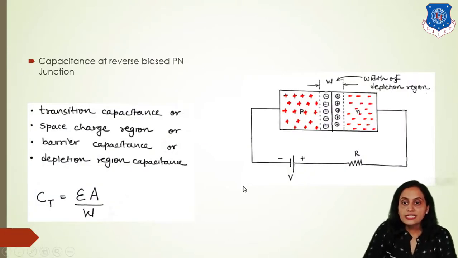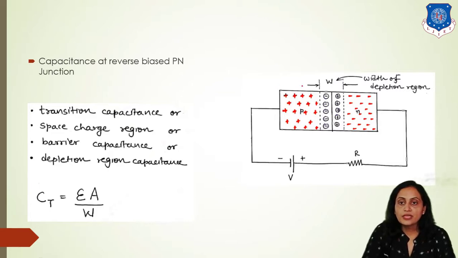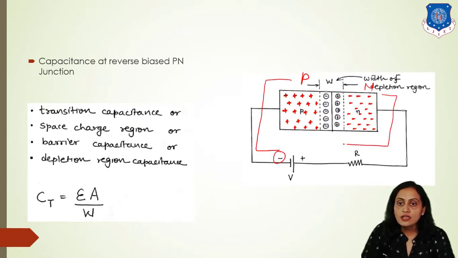Now let us consider this is the PN junction diode and this is the varactor diode. So we are biasing this varactor diode in the reverse bias. So this is the P side, this is the N side. P side of this diode is connected to the negative terminal of the battery and N side of this diode is connected to the positive terminal of the battery. Then what happens?